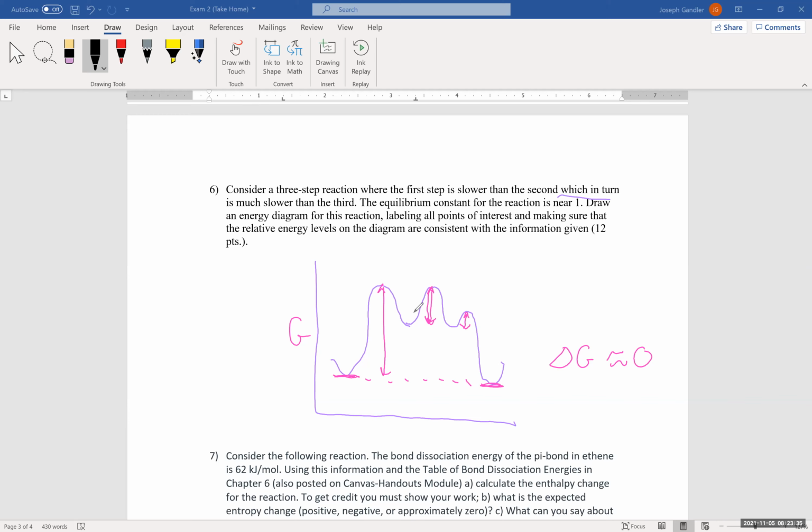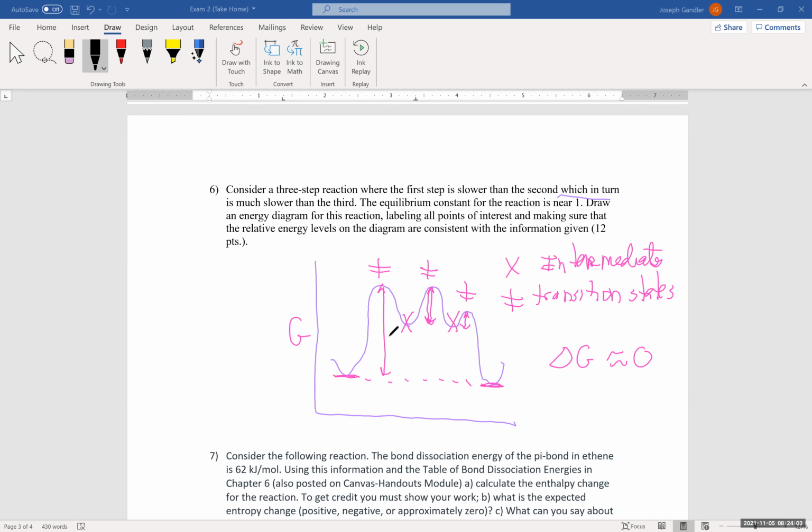These points here are reaction intermediates, right? Those are species that are formed and then consumed. And these structures at the top of the energy hills are the transition states for the individual steps, okay?